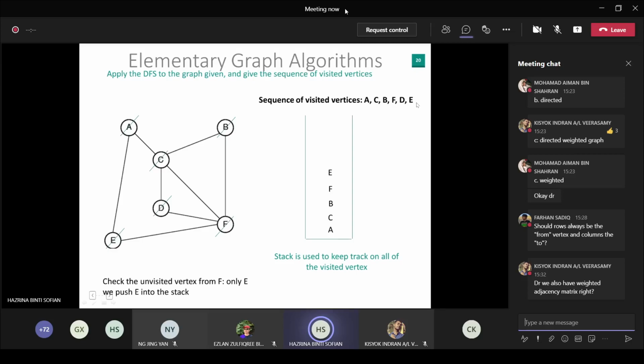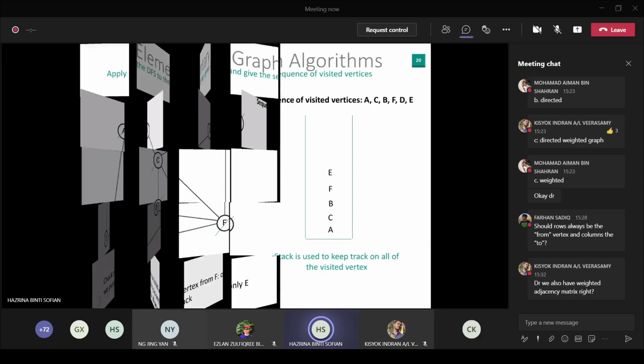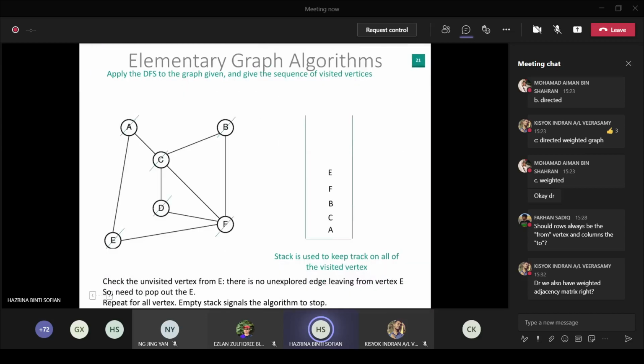But if you look at the algorithm in the slides from a few slides before, the algorithm will not stop yet. The only stopper in this algorithm is when all of the elements are popped out from the stack. So we need to check if there is any unvisited vertex from E. There is none, right?